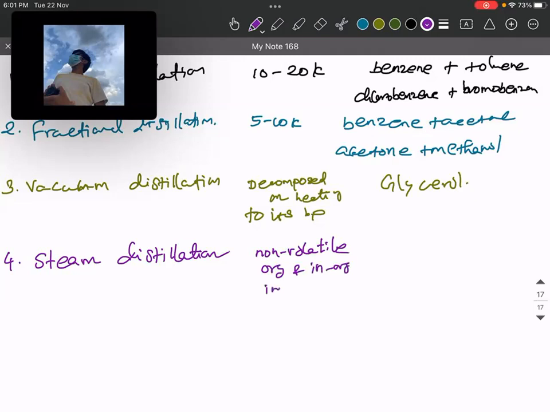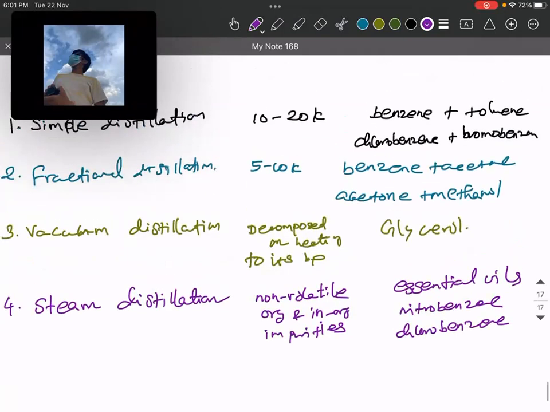For example, essential oil, nitrobenzene and chlorobenzene can be separated by this distillation.